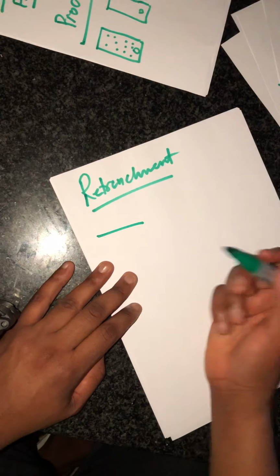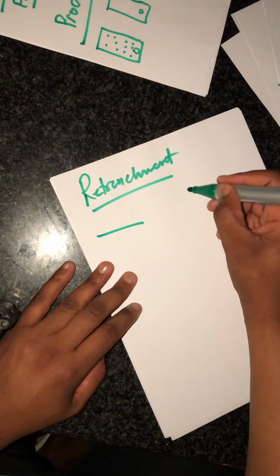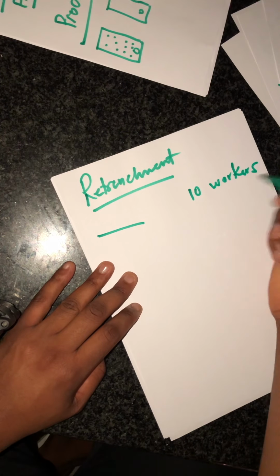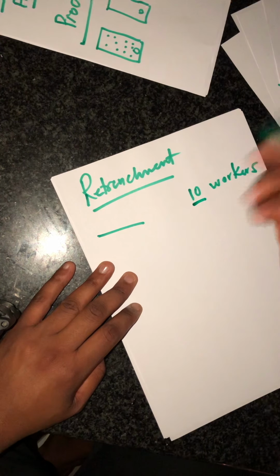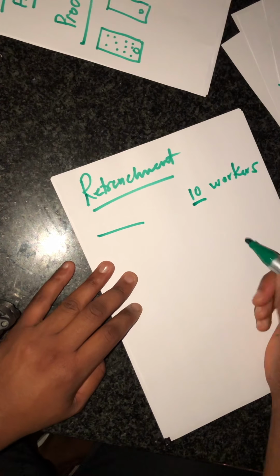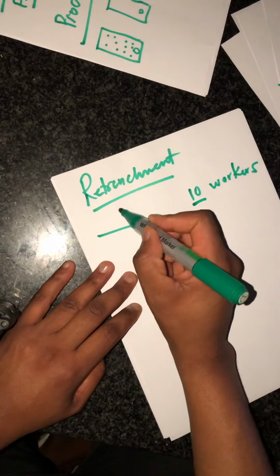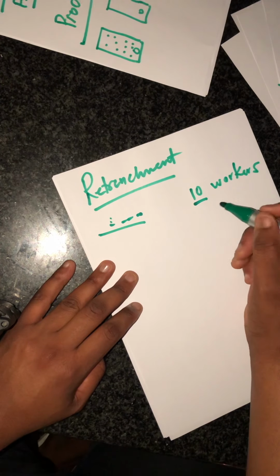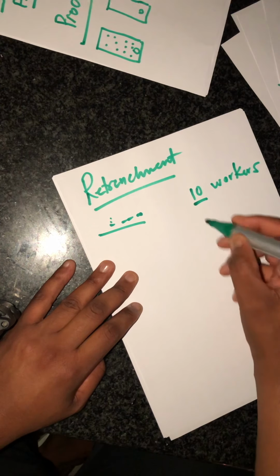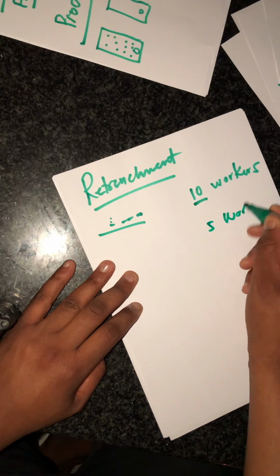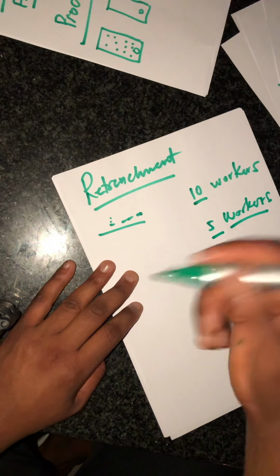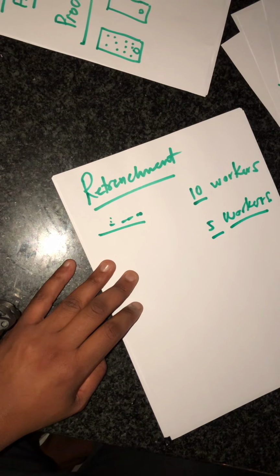If you had 10 workers and there's not much profit, of course you need to reduce the workers you are paying. So you reduce from 10 maybe to 5 workers who will stay and continue to work.